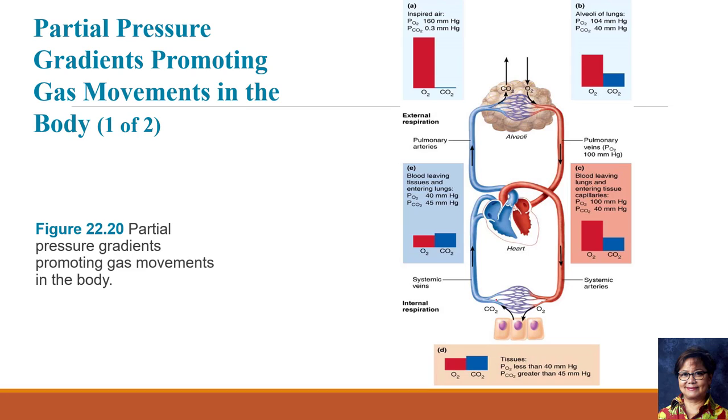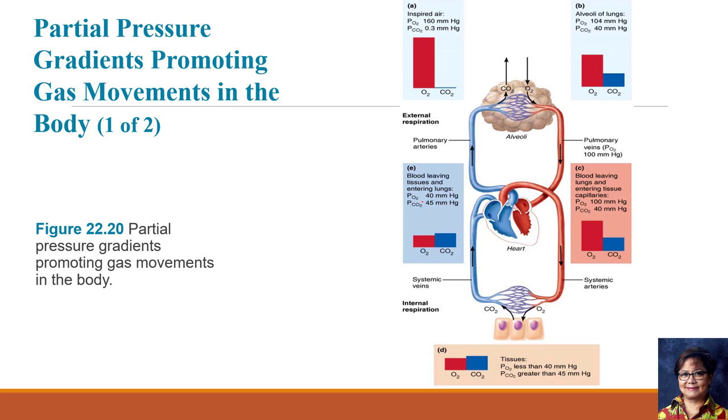So now your venous blood will carry 45 millimeters of mercury pressure of carbon dioxide, and very little oxygen, from 100 to 40 millimeters. That means about 60 millimeters of mercury pressure of oxygen is being absorbed into the tissues.